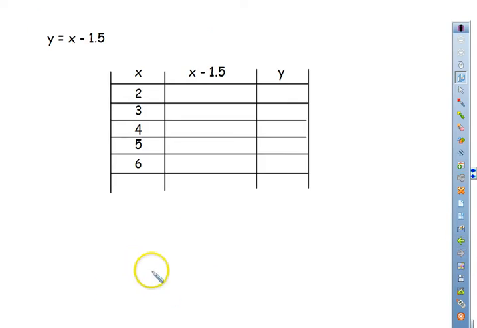What I want you to do is go ahead and solve this for y equals x minus 1 and 5/10. So go ahead and do that. Alright, so we're going to go ahead and plug this in, and we get 2 minus 1 and 5/10, which leaves us with 5/10. And then we get 3 minus 1 and 5/10, that is a subtraction, and so we get 1 and 5/10.